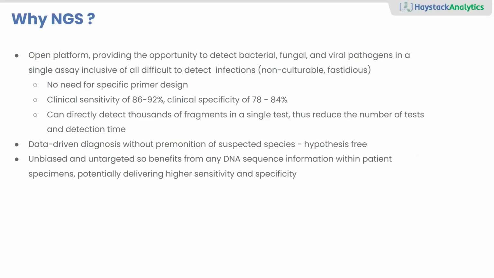The clinical sensitivity varies from 86% to 92% and specificity is 78 to 84%. It can directly detect thousands of fragments in a single test, thus reducing the number of tests and detection time. It is data-driven diagnosis without presupposing a suspected species, hypothesis free. So unbiased or untargeted, it benefits from any DNA sequencing information within the patient specimen. Next, please.